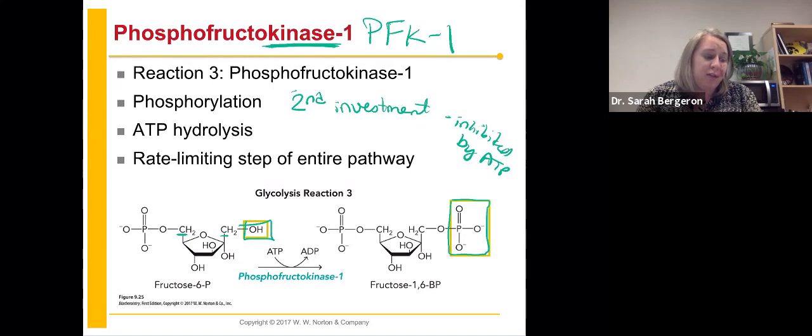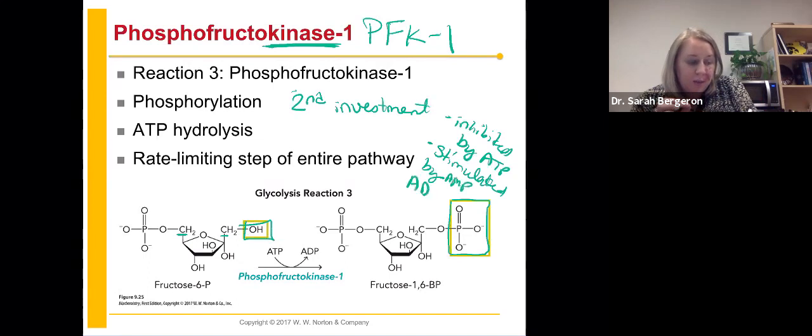What if you don't have a lot of ATP? What if you have AMP or ADP? This is going to have the opposite effect. It's going to be stimulated by high levels of AMP and ADP, right? So the ATP, the AMP, the ADP, these are all allosteric regulators of phosphofructokinase-1.